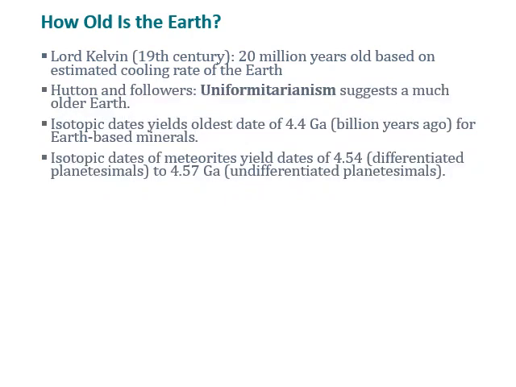Hutton and others used uniformitarianism to suggest a much older Earth. And nowadays we understand that Earth is about 4.4 or 4.5 billion years old, based on dating Earth-based minerals through things like uranium-lead systems, or meteorites.